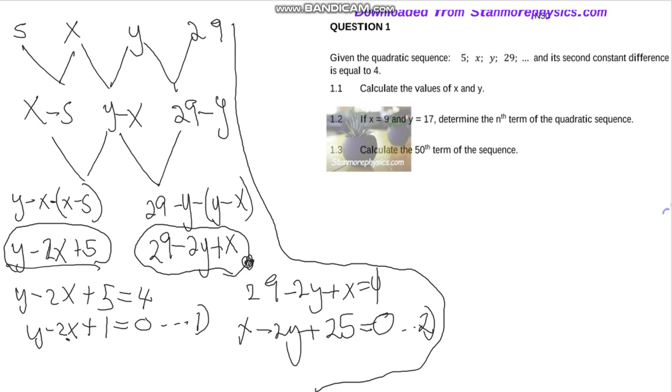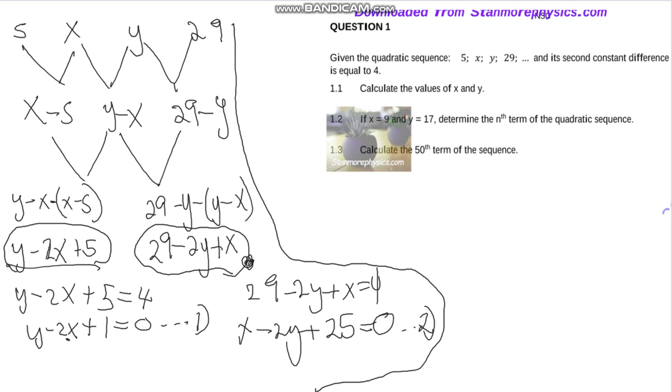So what we can do is multiply the whole equation by 2, so that you can have 2x. Let's multiply equation 1 or equation 2 by 2. It doesn't matter.